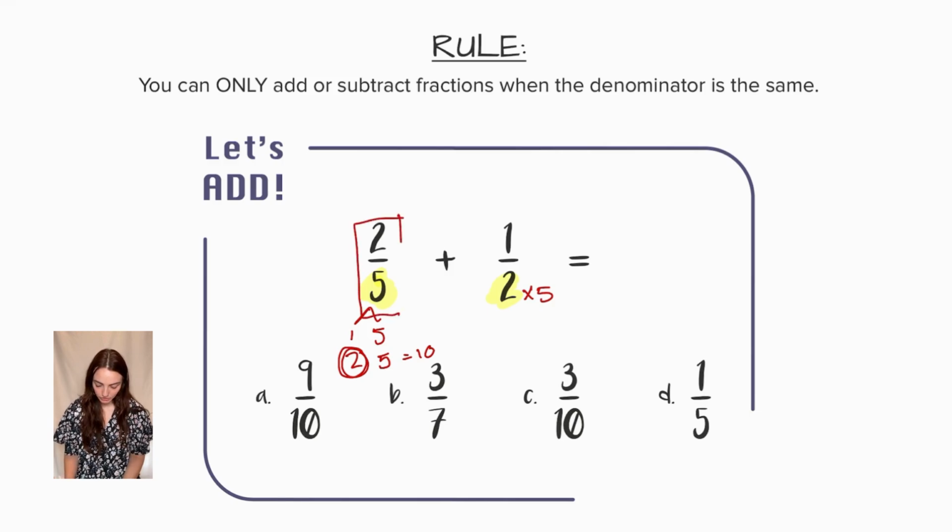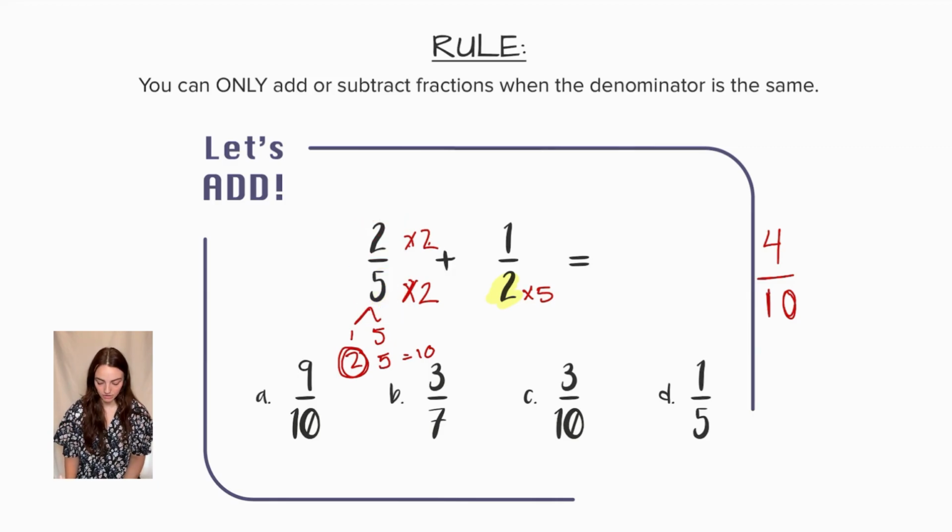On this side, 2 over 5, to get 5 to become 10, what do we multiply by? 2. And what we do to the bottom, we have to do to the top. So now we have 2 times 2 is 4. I'm going to write it way out here. And 5 times 2 is 10. Okay, so now we've turned 2 over 5 into 4 over 10.